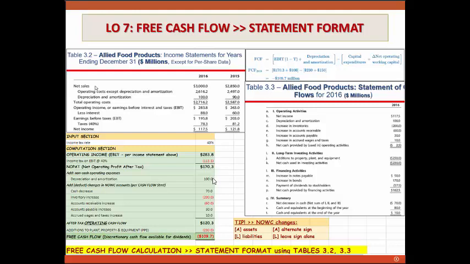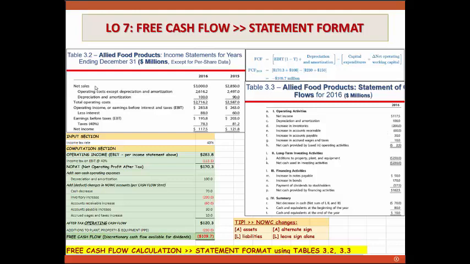The net operating profit after tax would be $170,300. Onto that amount, you would add depreciation and amortization of $1 million. That is a non-cash item. And then you would go to the balance sheet that you have in a previous table, or you could look right at the statement of cash flows and review the change in the current assets and current liabilities.